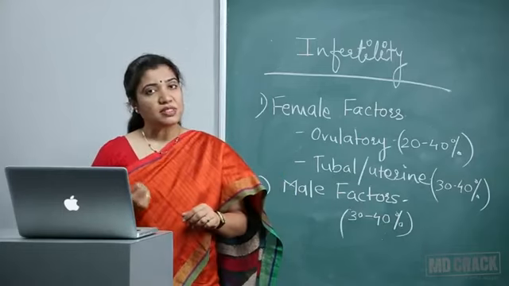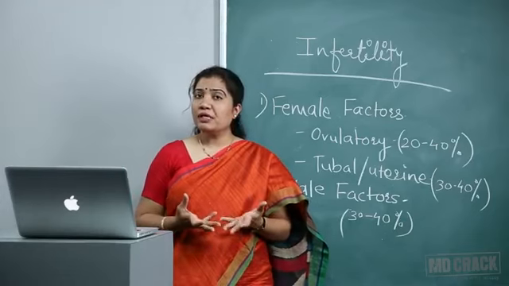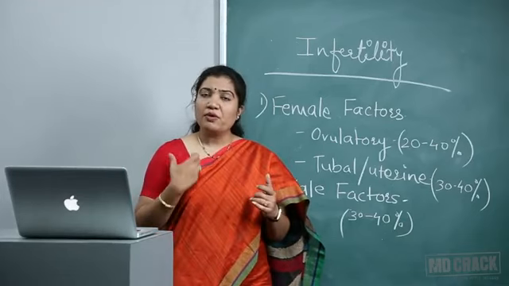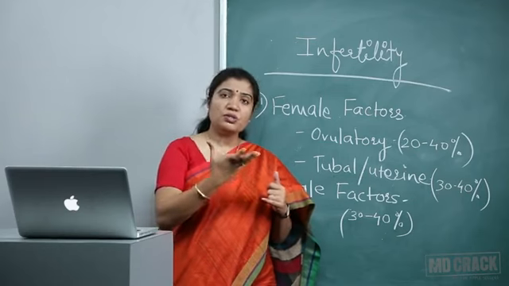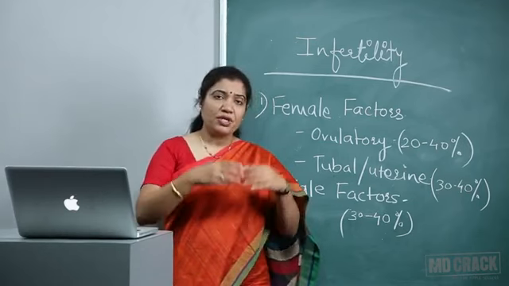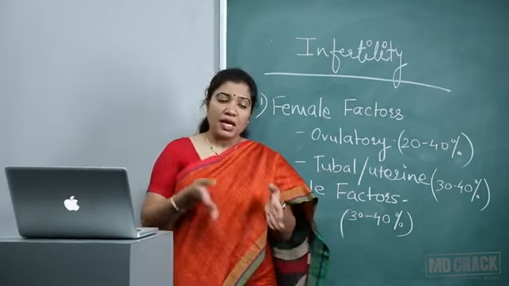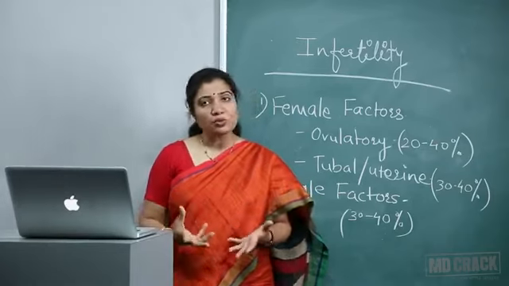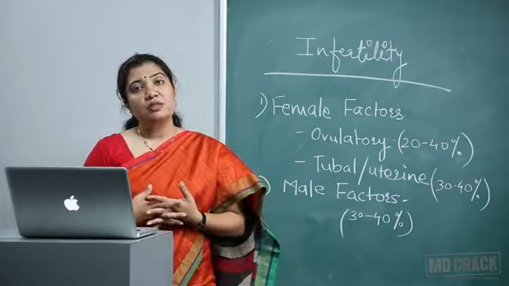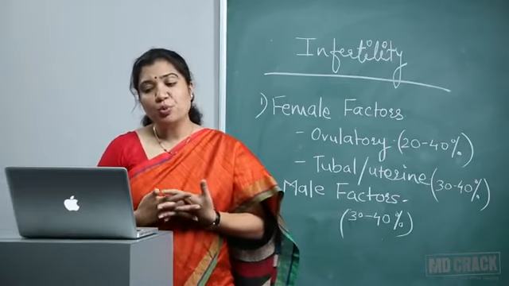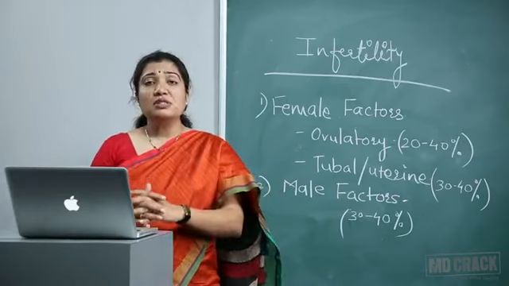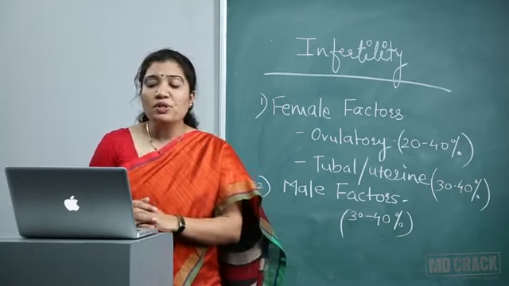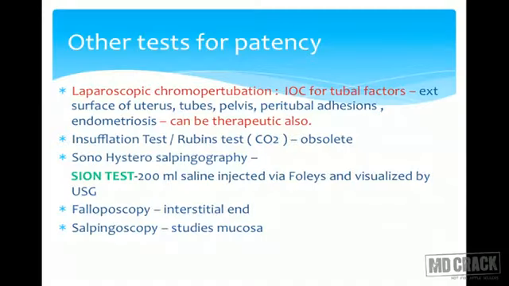Then from the cervical end, you can put in methylene blue dye, and once you inject that dye, it occupies the uterine cavity, comes out to the fallopian tubes, and when the scope is in, you can see blue dye coming out at the fimbrial end. If it comes out on both sides, both the tubes are patent. So this is the investigation of choice or gold standard for tubal patency, called laparoscopic chromoperturbation.